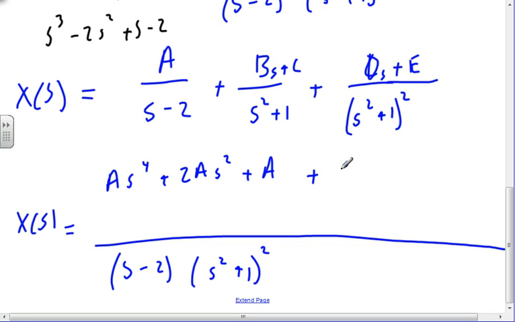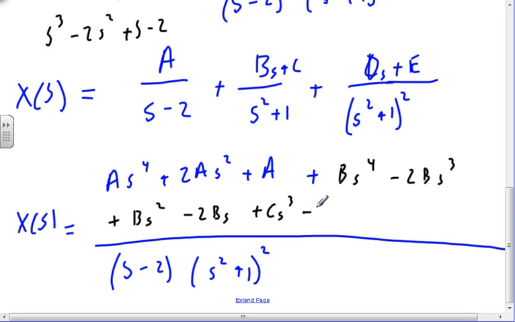Okay, so I got bs to the 4th minus 2bs cubed plus bs squared minus 2bs plus cs cubed minus 2cs squared plus cs minus 2c plus d.